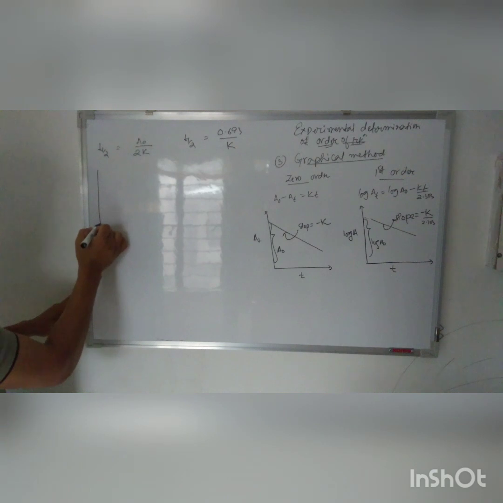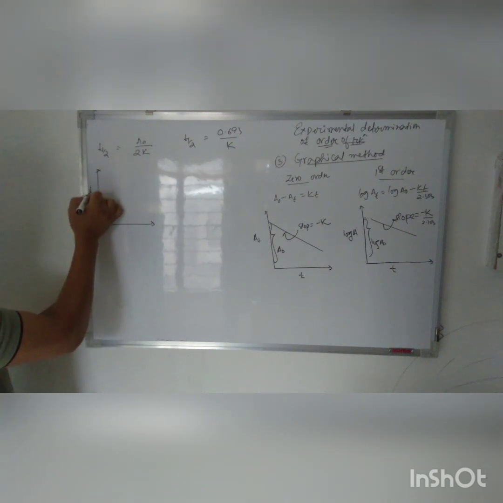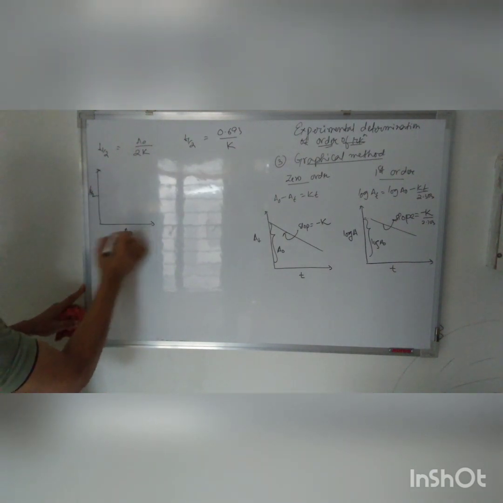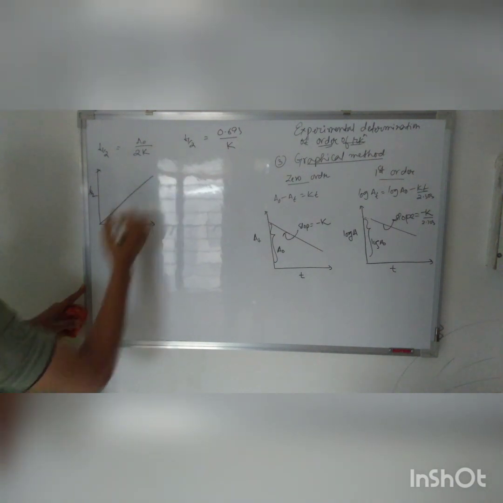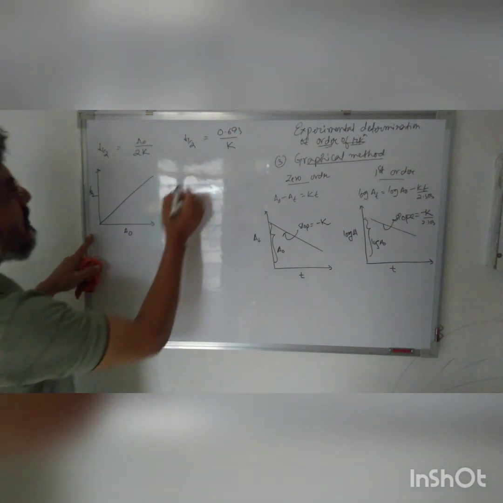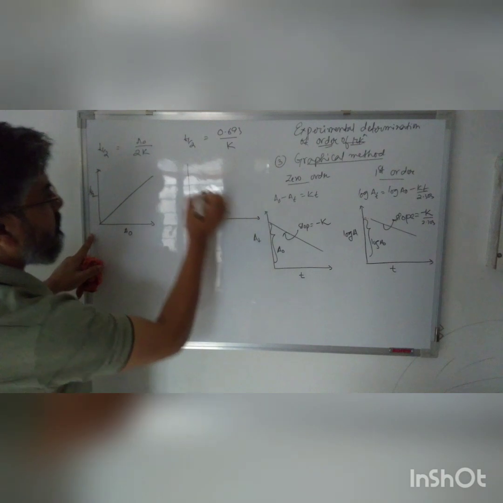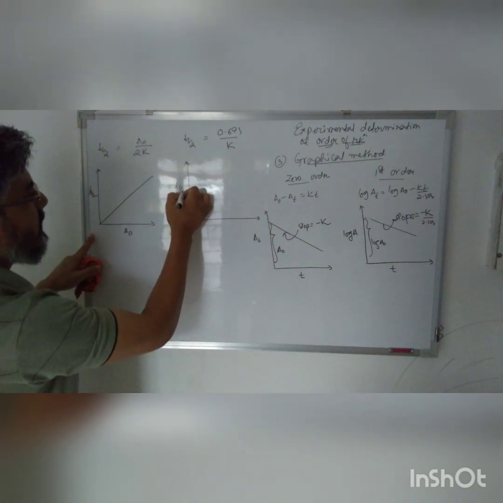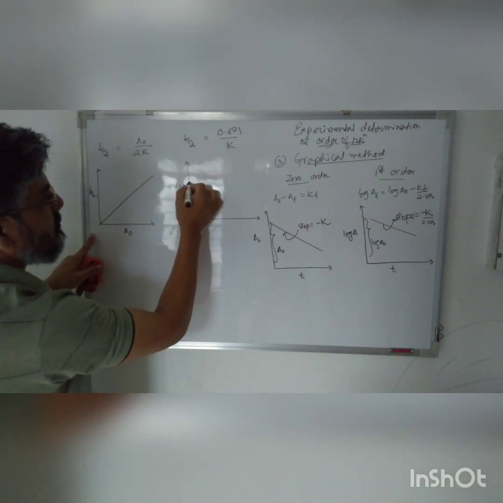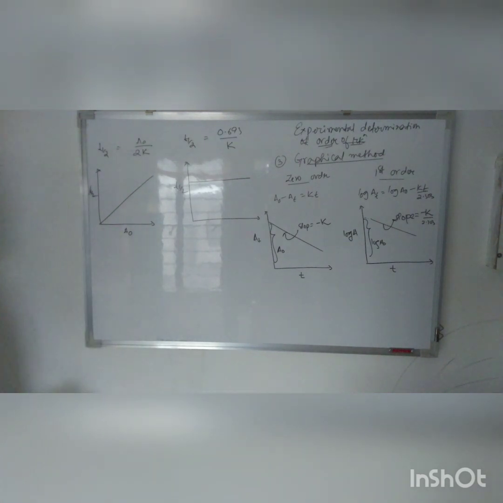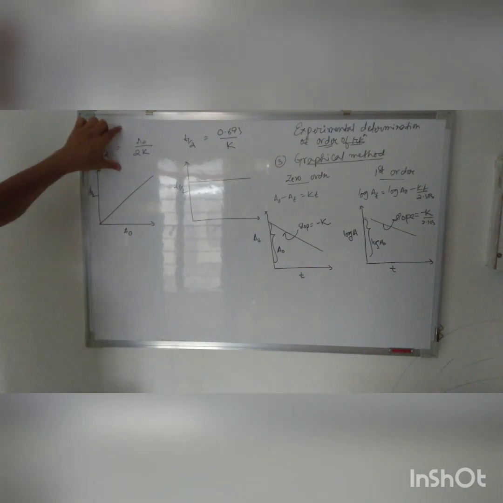So we can take help of this graph also, half-life versus concentration. So this is an increasing slope passing through origin, whereas for first order reaction, half-life is independent of concentration. So this is constant whether we are increasing or decreasing the concentration.